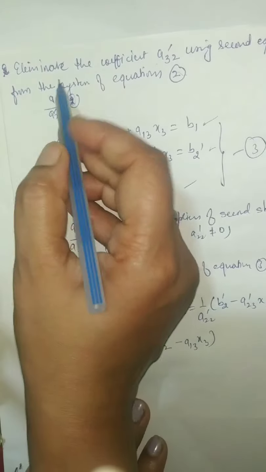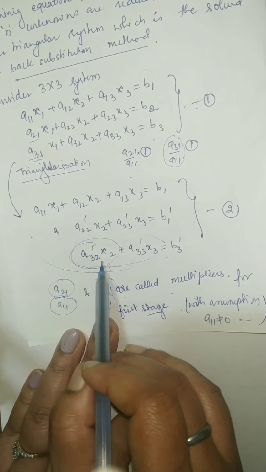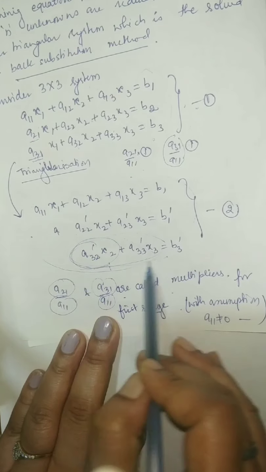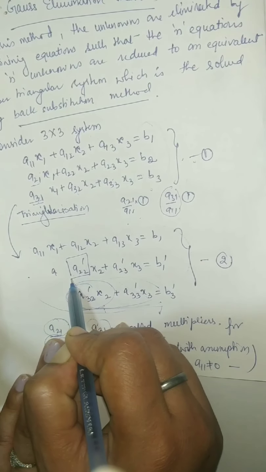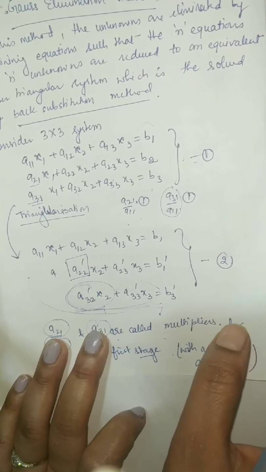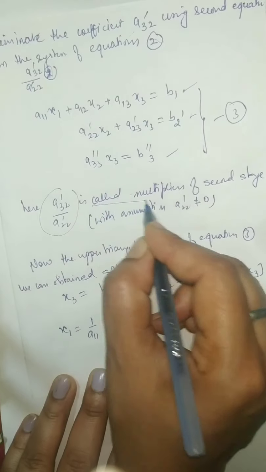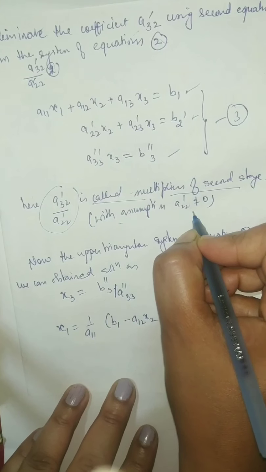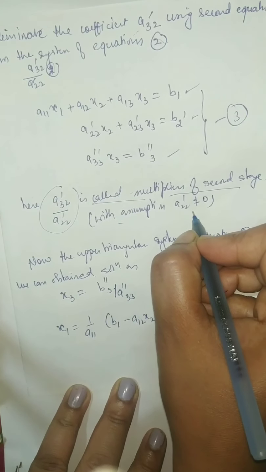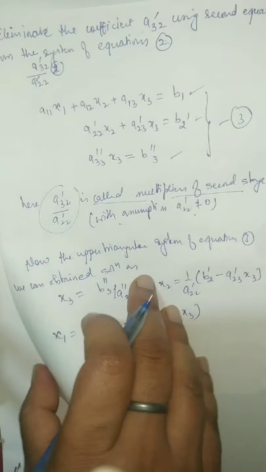We multiplied by a32 dash over a22 dash and subtracted it from the third equation, and at this stage we have assumed that a22 dash is not equal to 0. This is called the multiplier of the second stage, with the assumption that a22 dash is not equal to 0, and the second equation is called the pivotal equation.